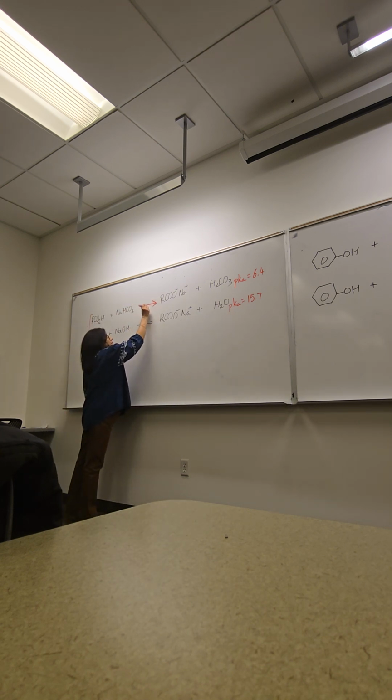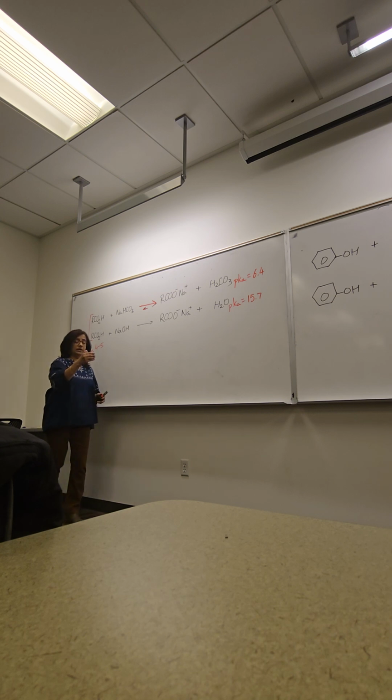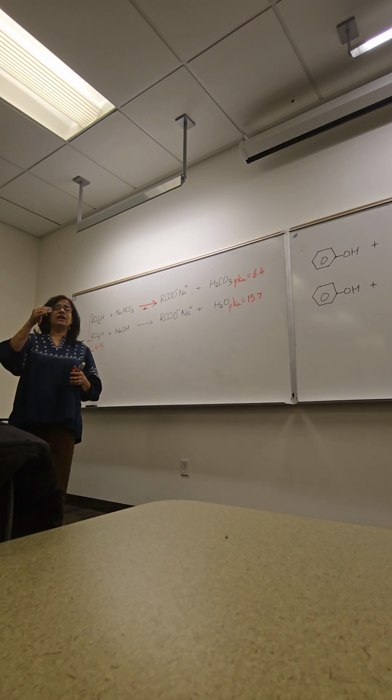Right? How about the second equation? Slow down. Goes to the right again. Equilibrium in an acid-base reaction is in the direction of the weaker acid.